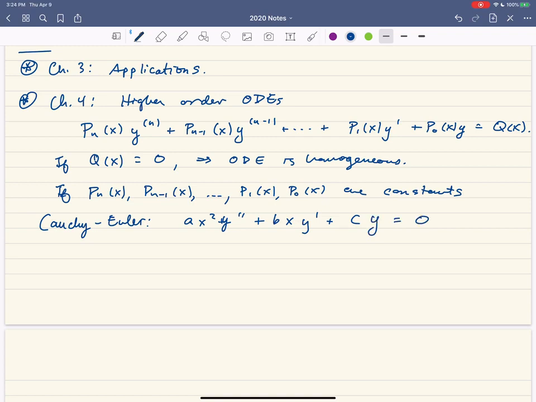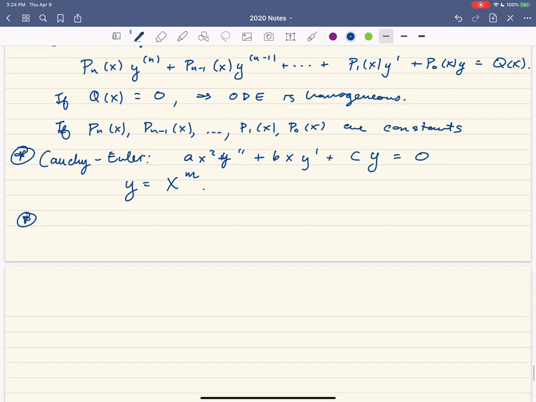And it turns out that the right thing to do here is to let y be x to the m, and then we can interpret, and again, we know what to do if we have repeated roots or complex roots. We handled all of that. So that's Cauchy-Euler equations.